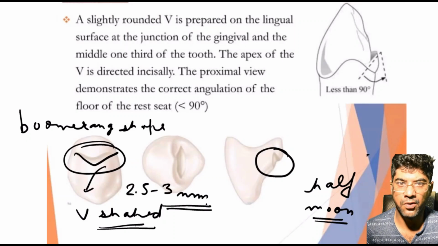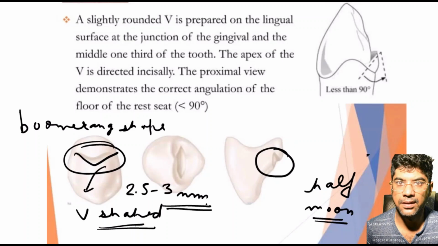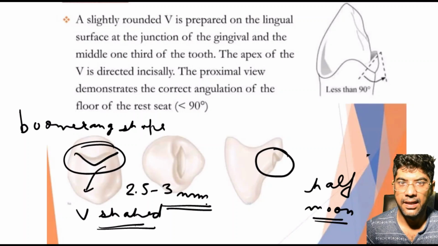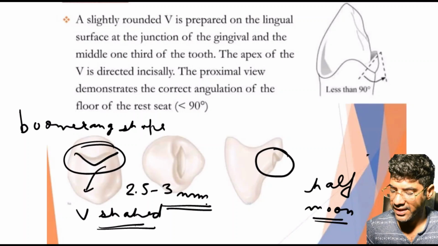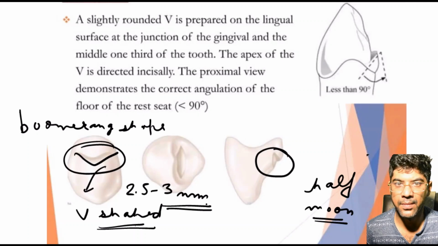The rest seat typically has a V-shaped or boomerang-shaped form, and the mesiodistal width should be around 2.5 to 3 mm.